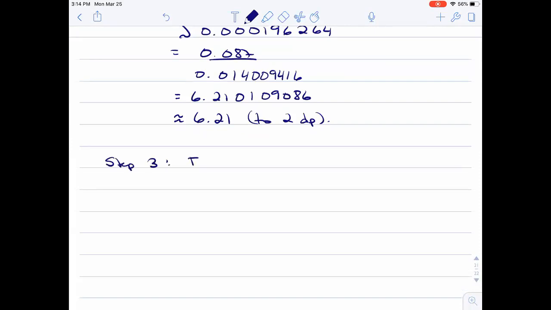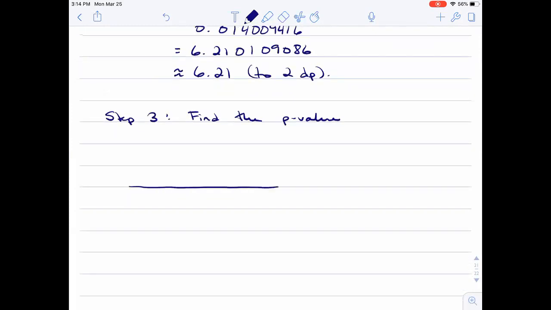Step 3, find the p-value. If we're thinking in terms of a graph, Z is centered on 0, and we found a Z of 6.21. We know that the area here in the tail is approximately 0.